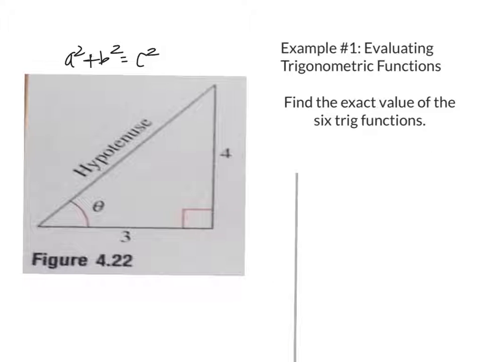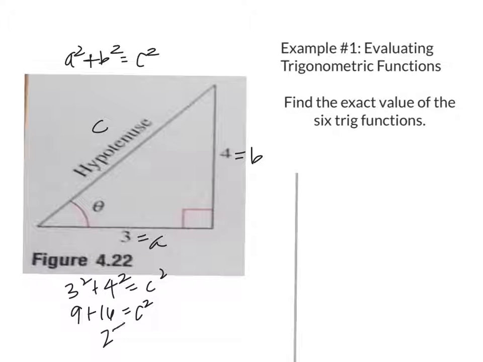A and b are considered the legs of the right triangle, so we can make 3 a and 4 b. And then c is always the hypotenuse, so let's solve for c. That's 3 squared plus 4 squared equals c squared. That gives us 9 plus 16 equals c squared. 25 then equals c squared. To find c, we simply take the square root. So c is 5. Our hypotenuse here is 5.